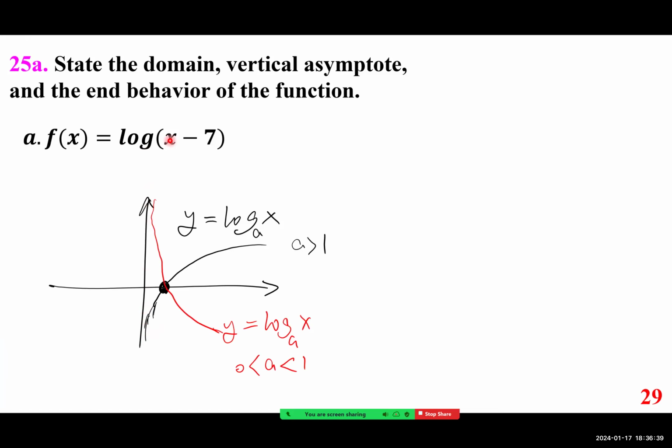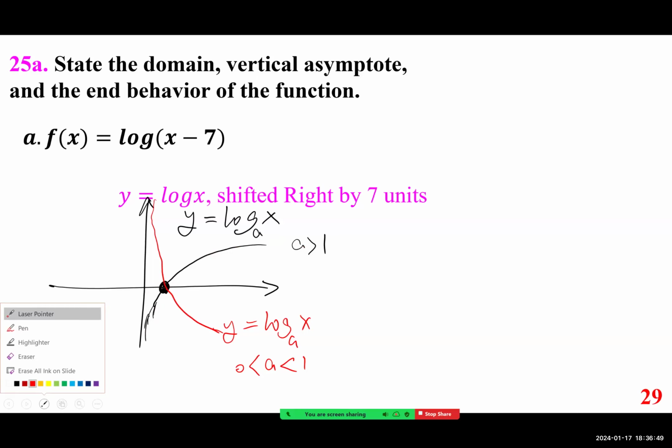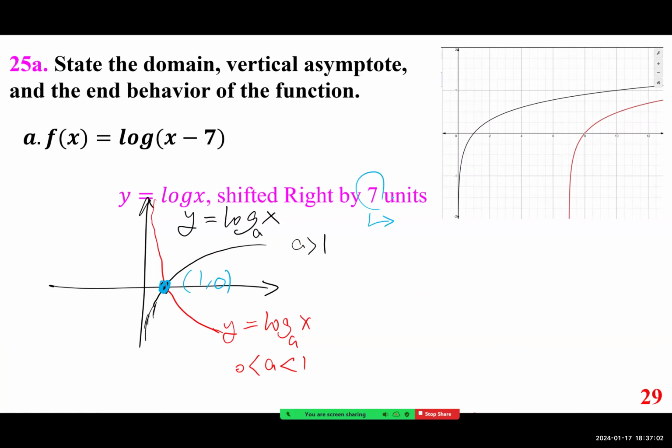So where we have x minus 7, it's been shifted to the right by 7 units. So this one has been shifted to the right by 7 units. And remember, this point has coordinates 1, 0. Now we move it by 7, becomes 8, 0. 1, 0, and now 8, 0.